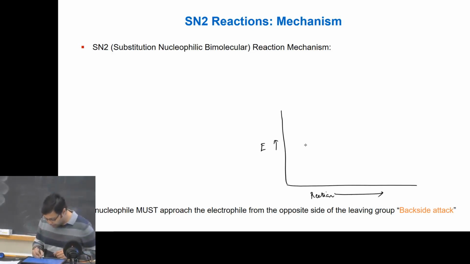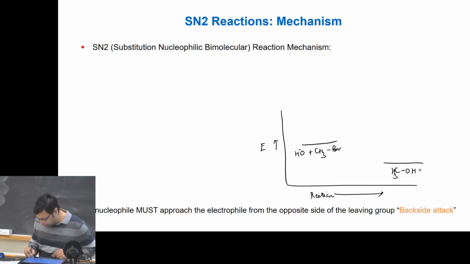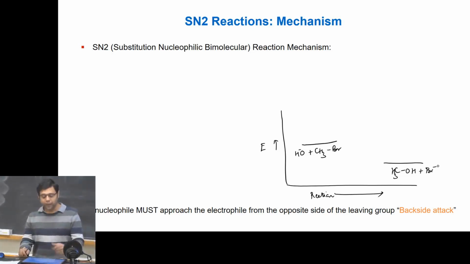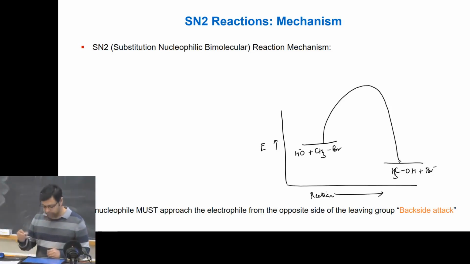You're starting with your reactants, the alkyl halide and the nucleophile. These are your products, the alcohol and the leaving group Br minus. Concerted reaction means it's a one-step reaction, therefore you have one hill. The topmost point in the hill is the transition state.